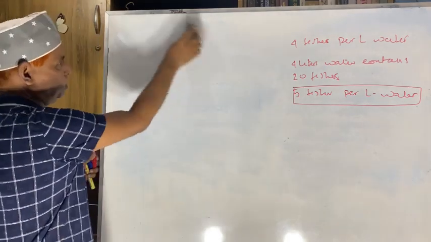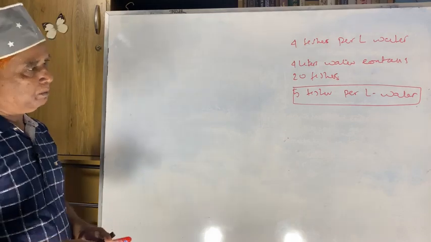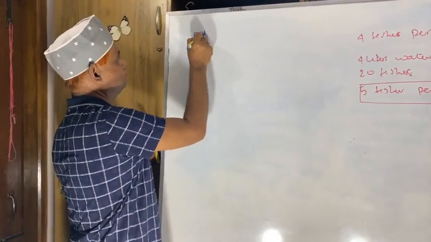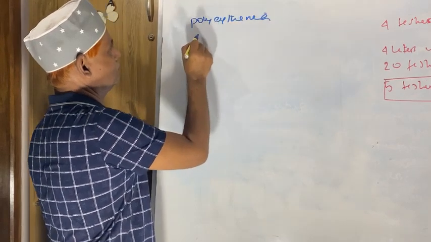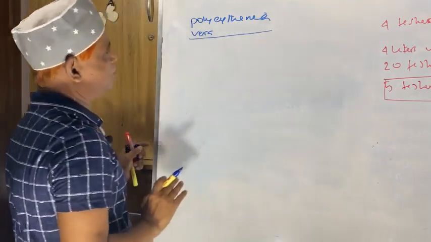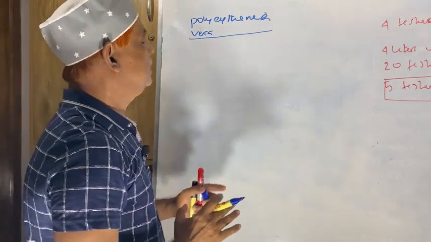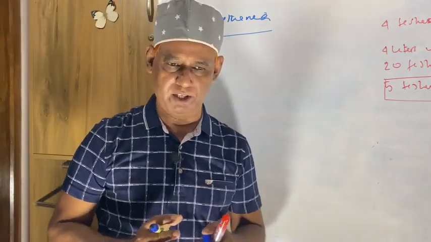Our topic is polycythemia vera, a type of myeloproliferative disorder. Now come to polycythemia vera. Dear audience, it is a type of myeloproliferative disorder and it is primary true polycythemia.